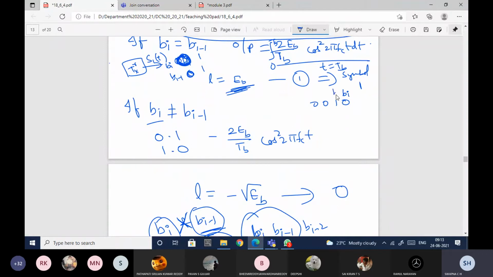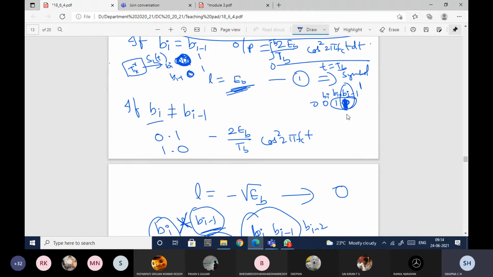Initially this is Bi and this is Bi minus 1. Let me consider this has gone wrong. So based on these two symbols, instead of 0, let me consider I've got 1. Based on these two, the output will be generated. Again, delayed version: now this will become Bi minus 1 and this will become Bi. So what will happen here?